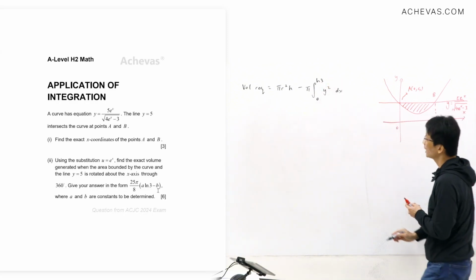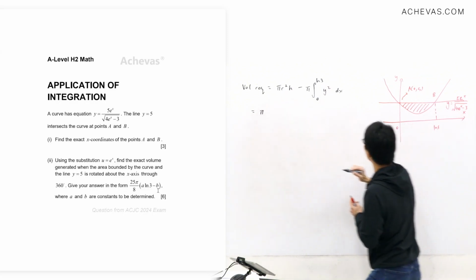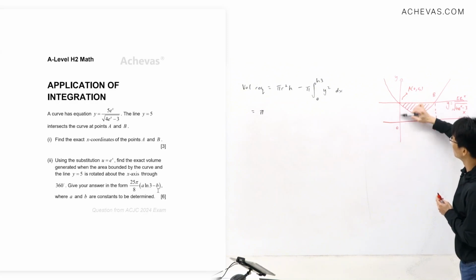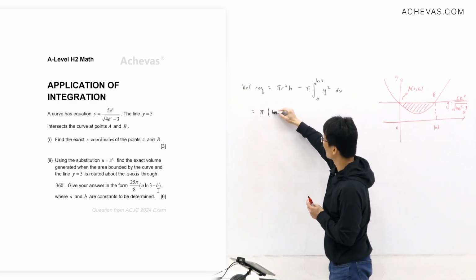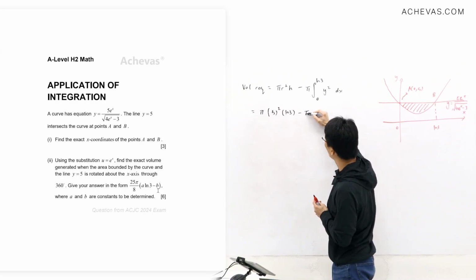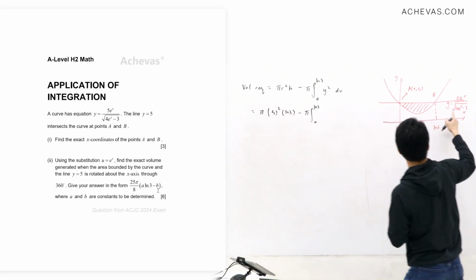Okay, so let's sub in the values. For the radius, when this is rotated about the x-axis, this will be the radius, and this will be the height. So the radius will be 5, the height will just be ln 3, and this y I will just replace with the equation of the curve.